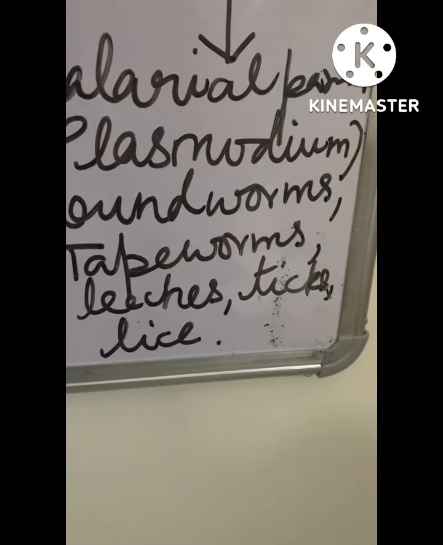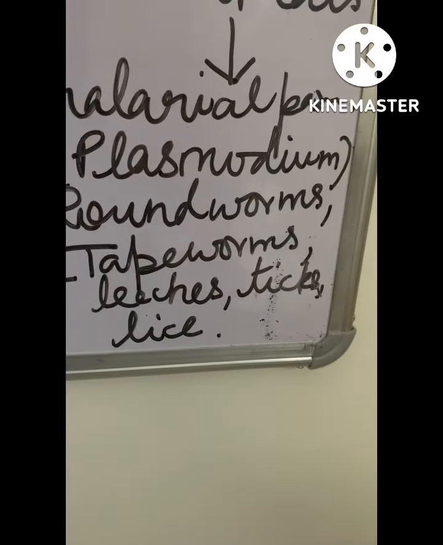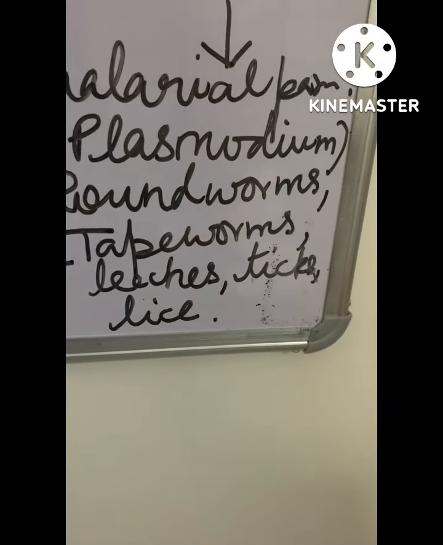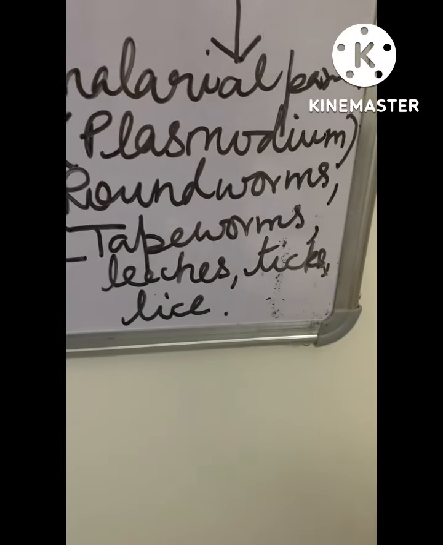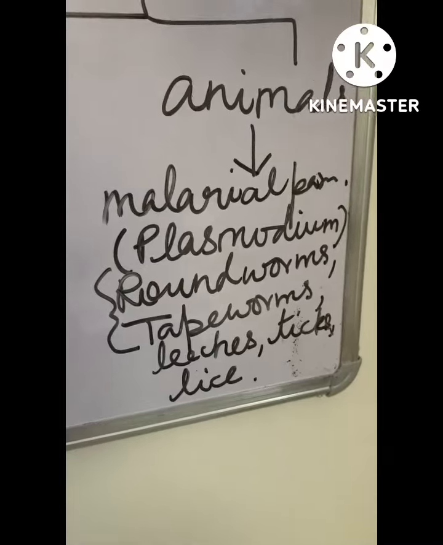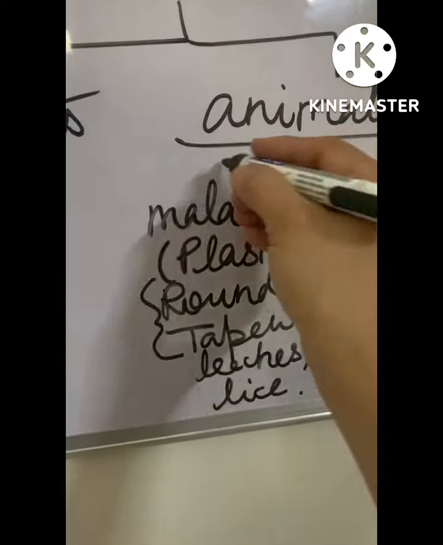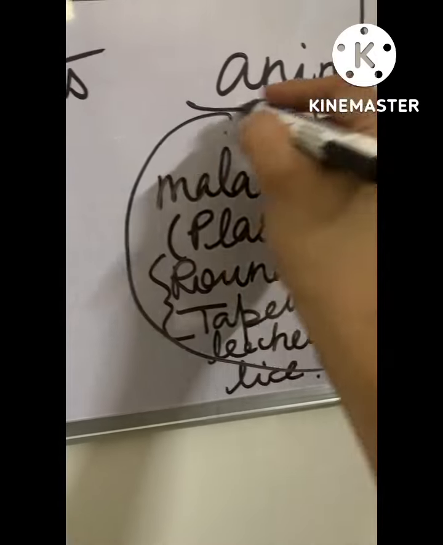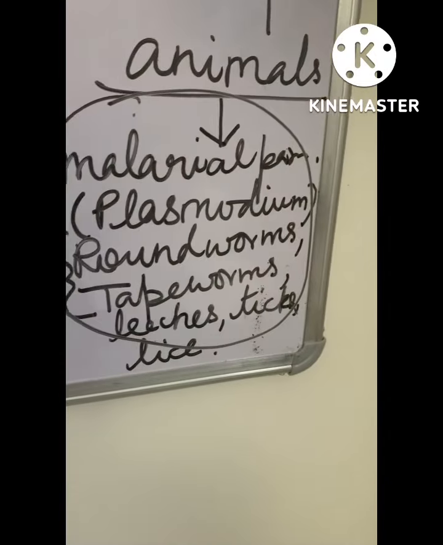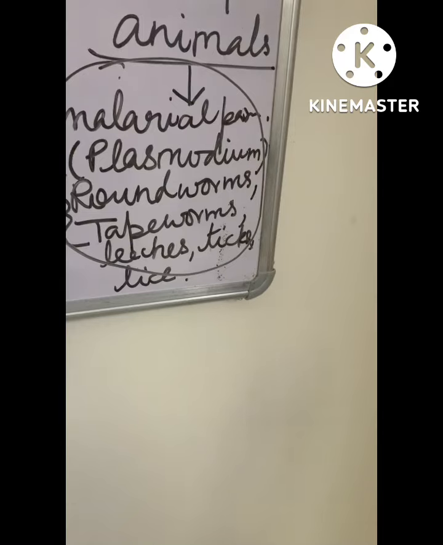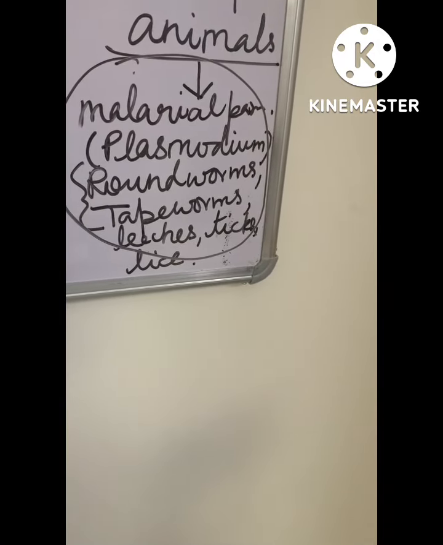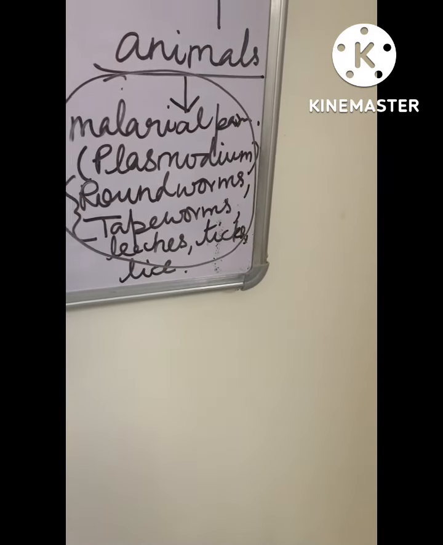They live on the human body or animal body and suck blood from there. So these are the animal parasites. These themselves are animals, and they live inside or outside of other animals.